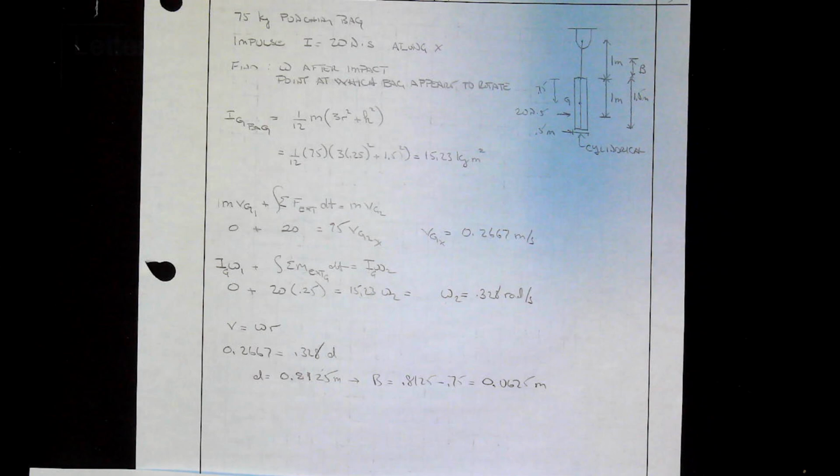So the initial velocity, hence the initial momentum, for the punching bag center of gravity is 0. And then the impulse, that's what that integral equals, is 20. Therefore mass is 75 kilograms times VG2 in the x. I should take note here that the impulse is along the x. That detail was missing.